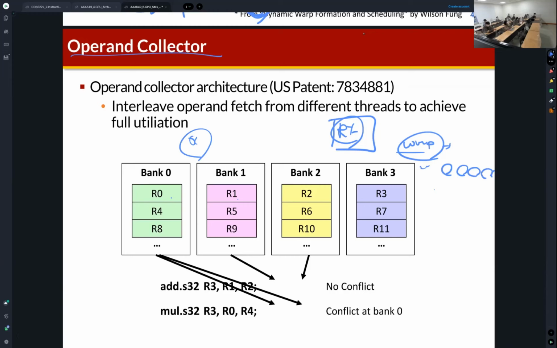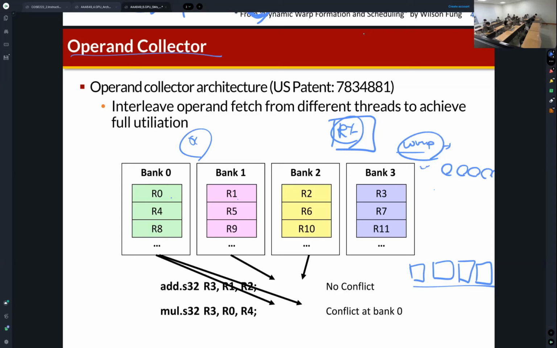Think like this. The register file is very large, and to support high throughput from the register file, the GPU register file is composed of multiple banks. If a memory component is composed of multiple banks, then we can utilize memory-level parallelism, right?